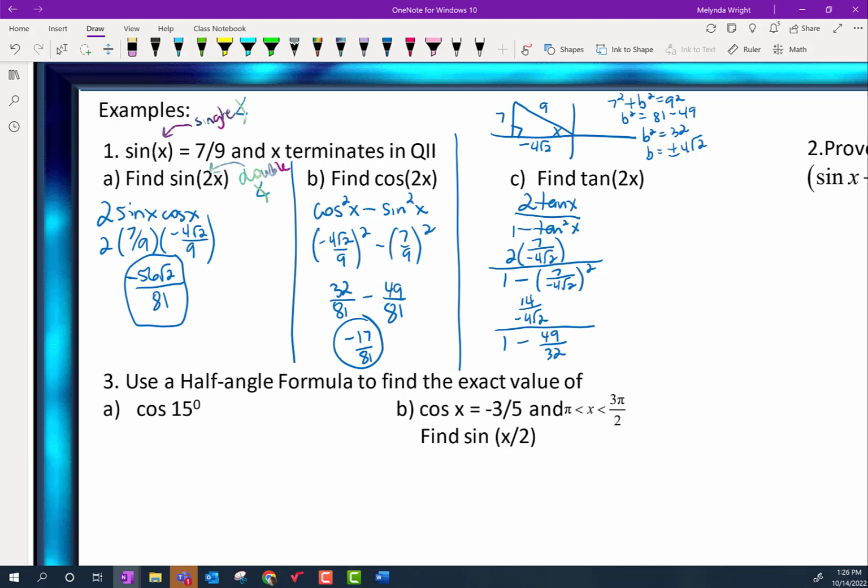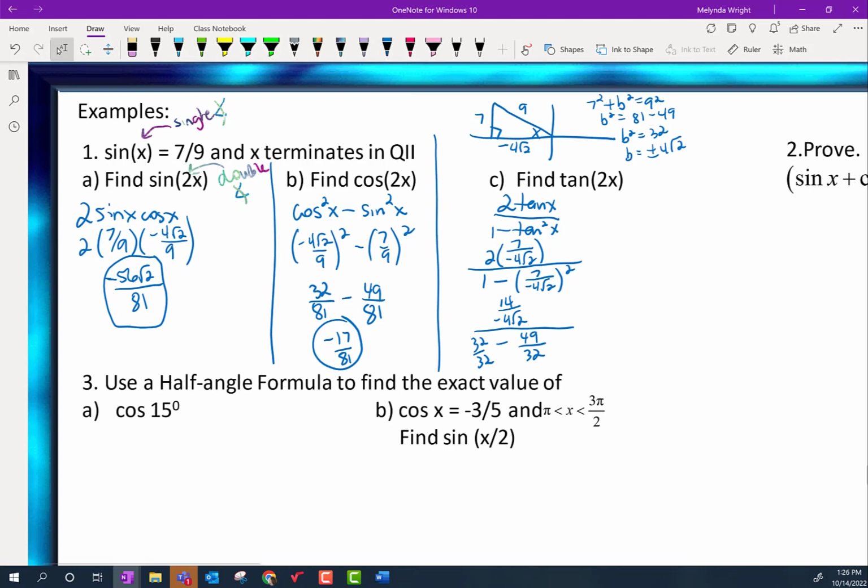Is that all right? So we have 14 over negative 4 root 2 over 32 minus 49 is negative 17.